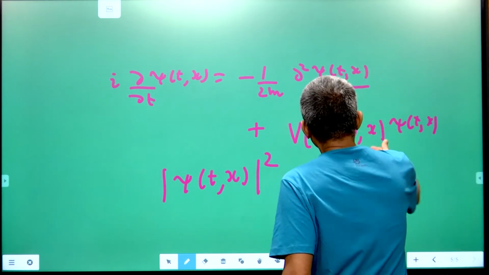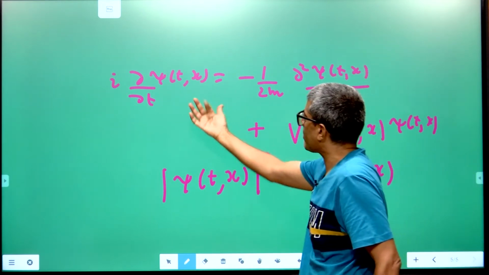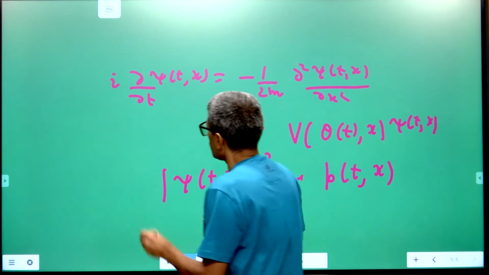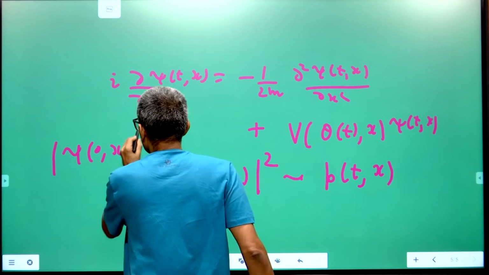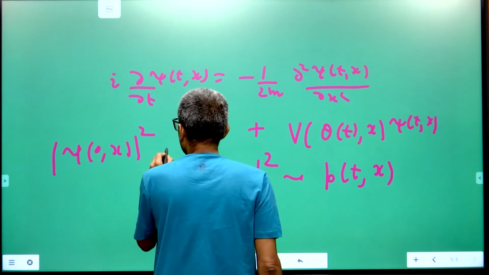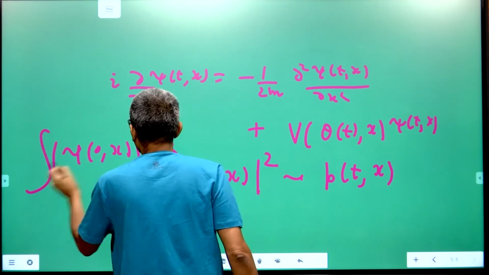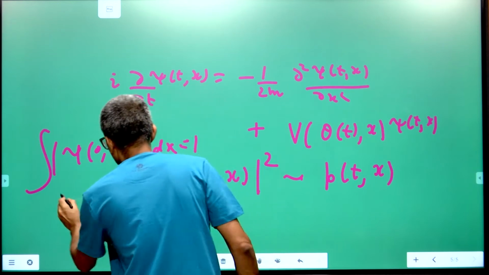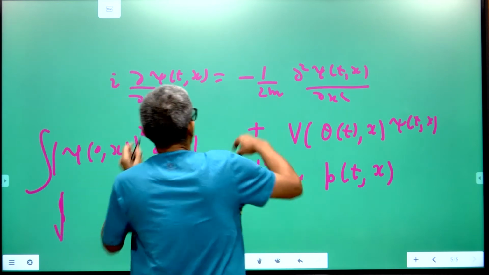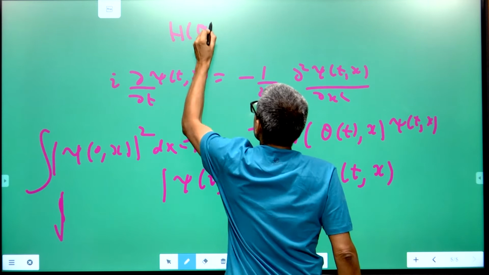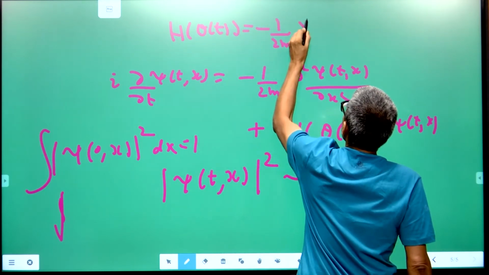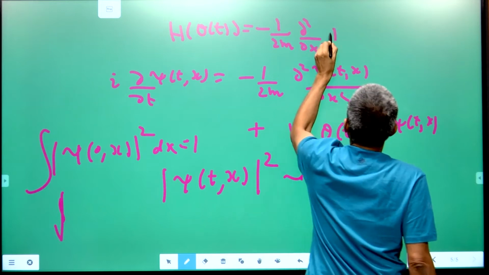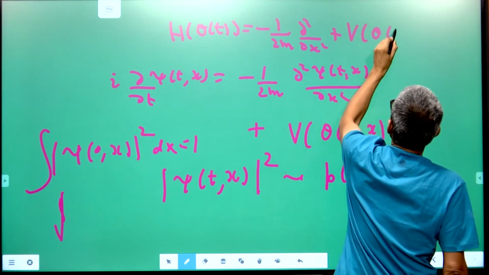So, this Schrodinger equation naturally generates a family. If at time t equal to 0 the magnitude square of the wave function integrated to 1, then at all times t it will be true, because this is a Hermitian operator. Here H theta t equals minus 1 by 2m dou square by dou x square plus V of theta t x.